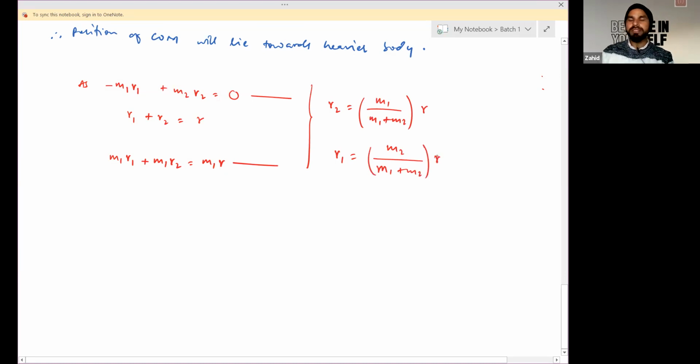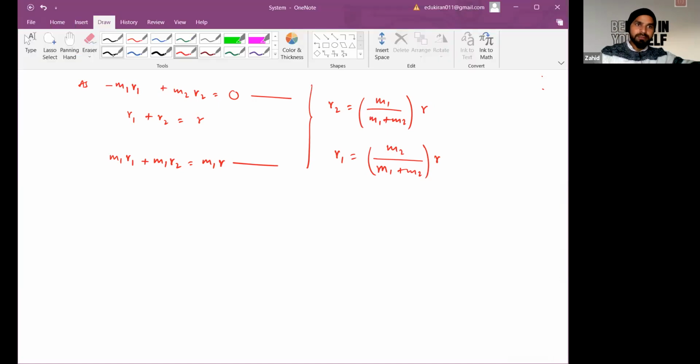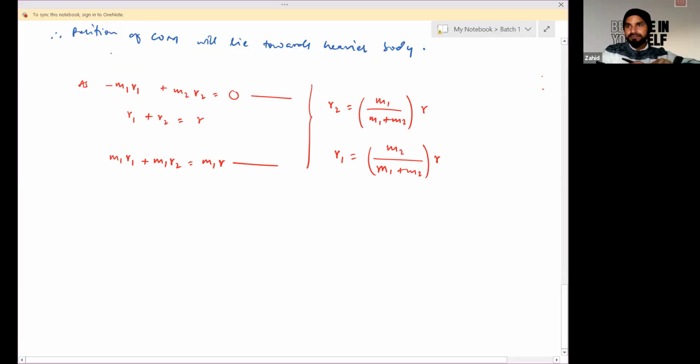So you may use this formula to find position of center of mass if separation between two particles is known. Like in the first problem for the HCl molecule, I had given you the separation between two atoms as 1.7 angstrom. So if you use this formula, R equals 1.7 angstrom, and you have to find position of the first body from center of mass, that is R1.